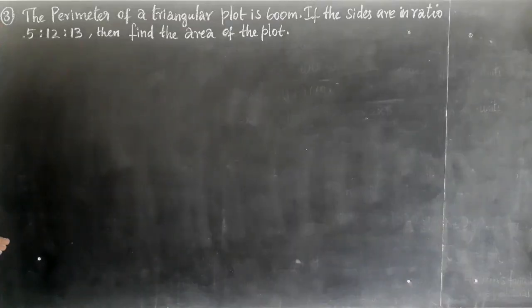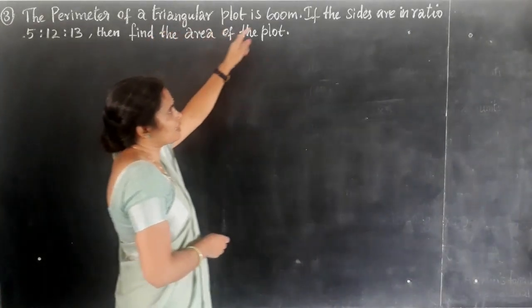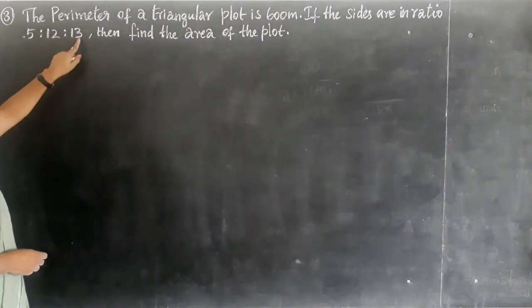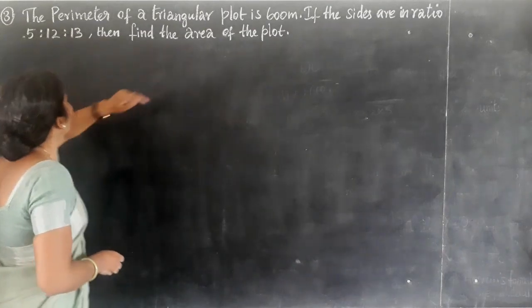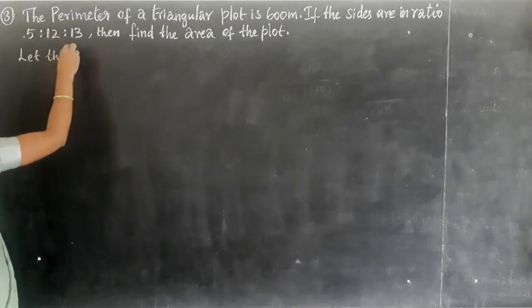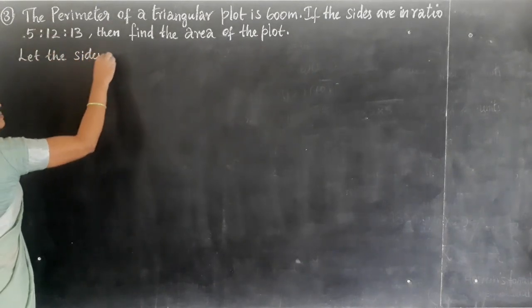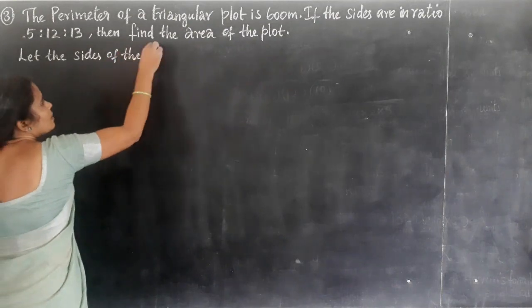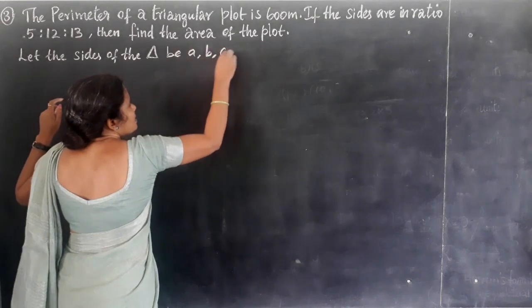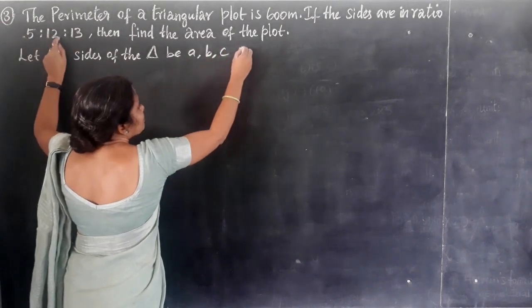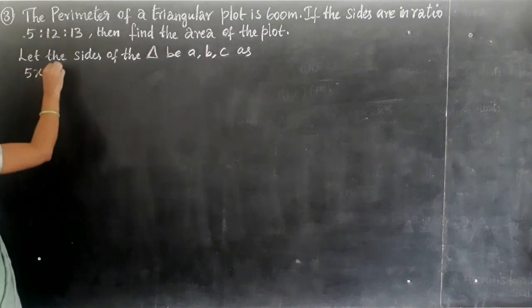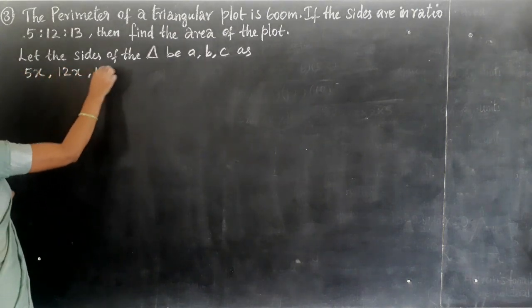Question number 3. The perimeter of a triangular plot is 600 meter. If the sides are given in the ratio 5:12:13, find the area of the plot. Now, let the sides of the triangle be A, B and C. It is given in the ratio as 5x, 12x and 13x.